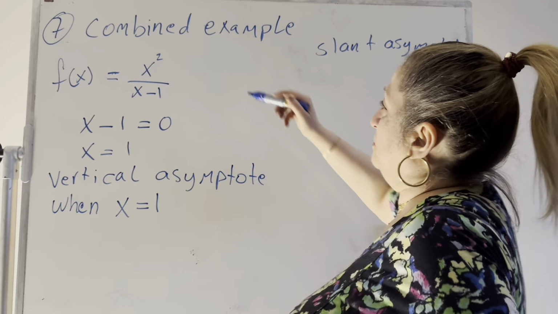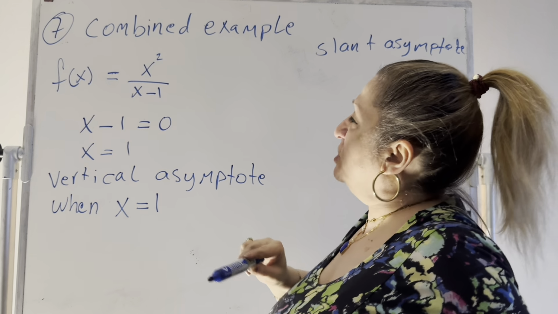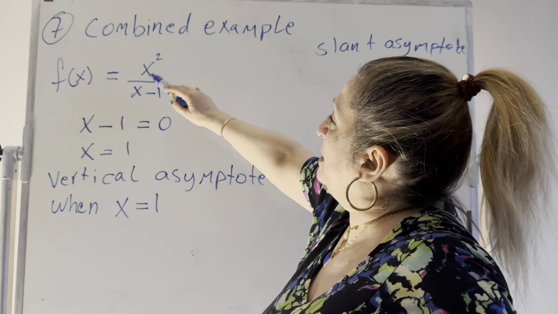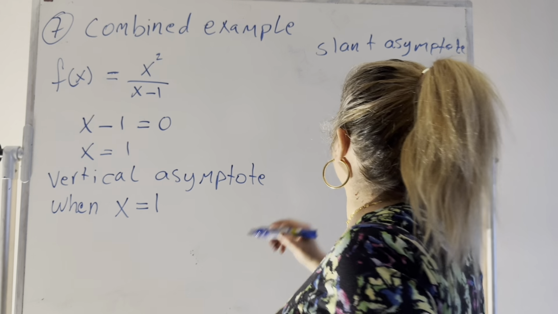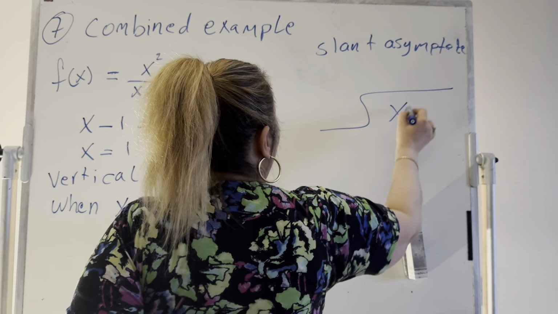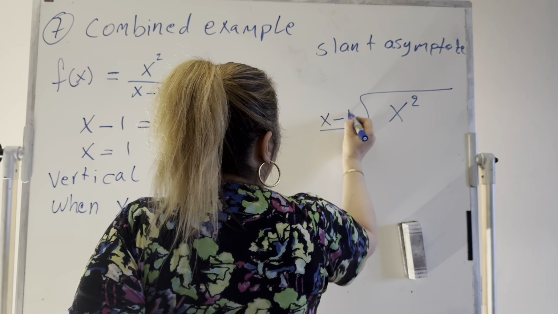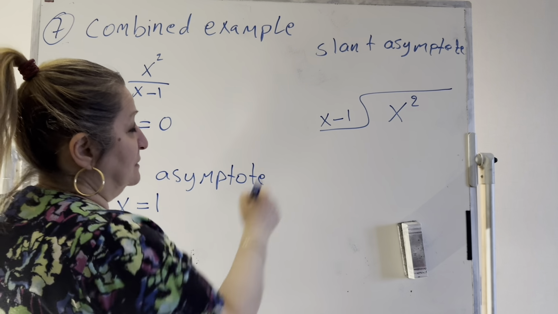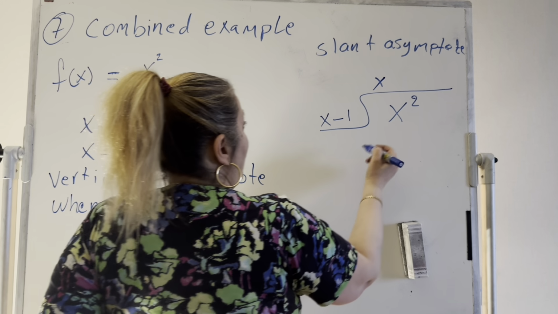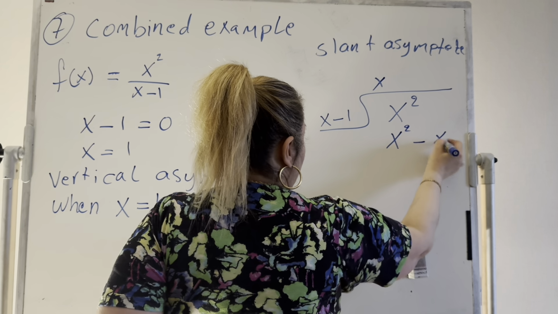The slant asymptote exists because the degree at the numerator is higher than the degree at the denominator, so we can divide it like a long division, x squared divided by x minus 1. How many x is in x squared? Just 1. x times x equals x squared, and x times minus 1 equals minus x.